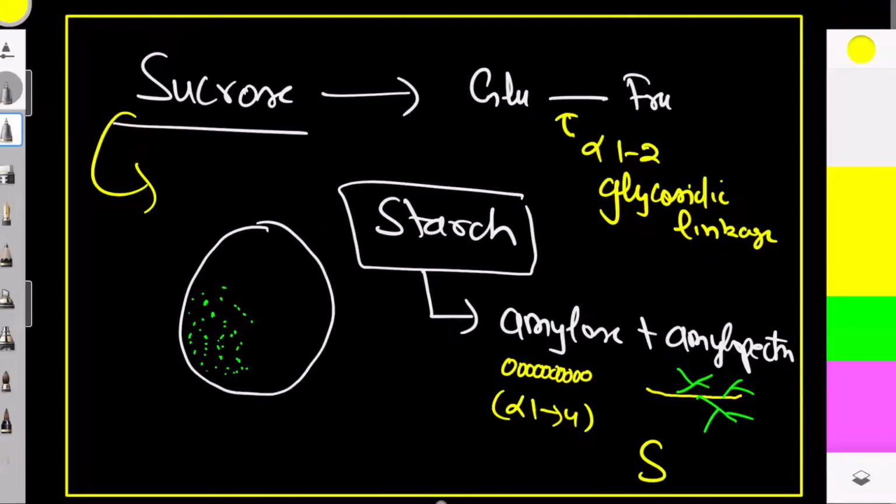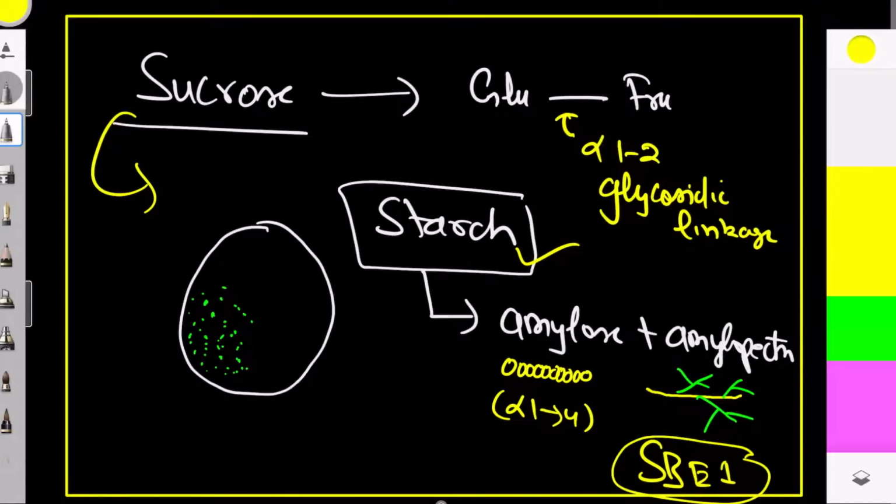The enzyme SBE1. So here you see, in the presence of this enzyme, starch will be synthesized. If this enzyme is absent, we are going to see only the synthesis of amylose, not the amylopectin.